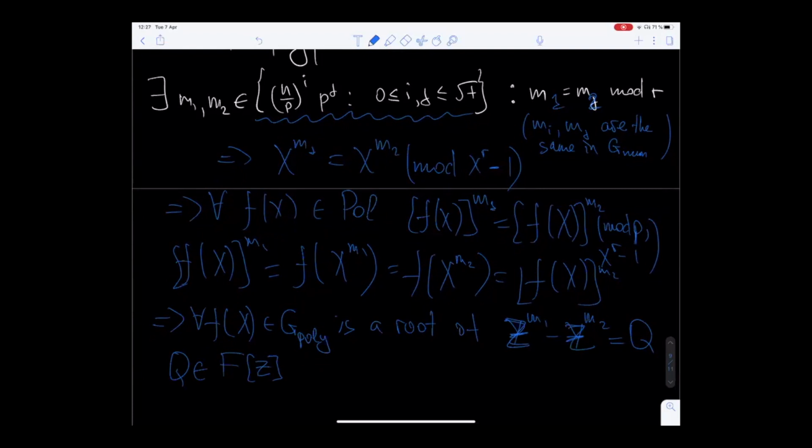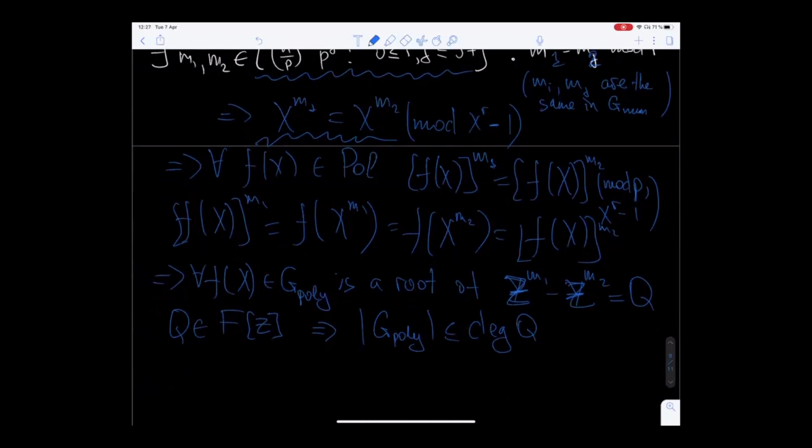We have one root from this equality, and then using our group G poly, we get lots of roots. And this implies that the size of G poly cannot be bigger than the degree of q.